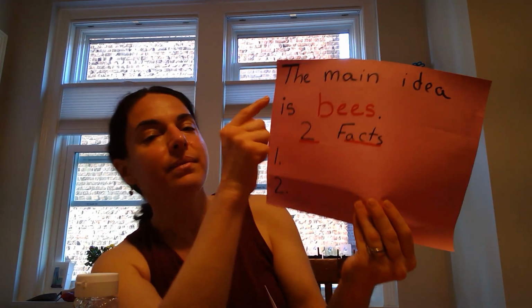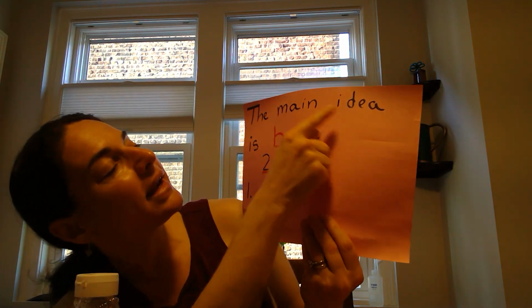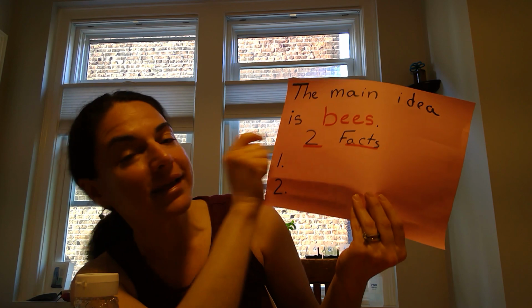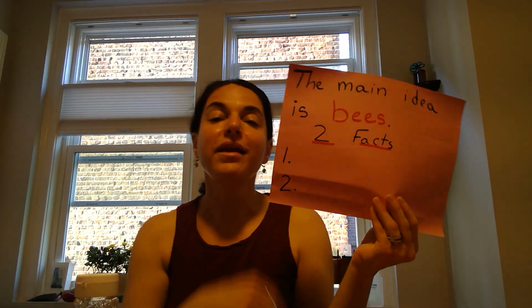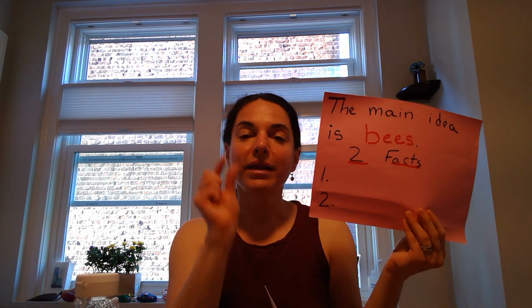When I read nonfiction books, I always like to think about the main idea, the big idea, what the book is all about. The main idea is bees. And then once I've thought about the main idea, I like to think about what the little facts were.